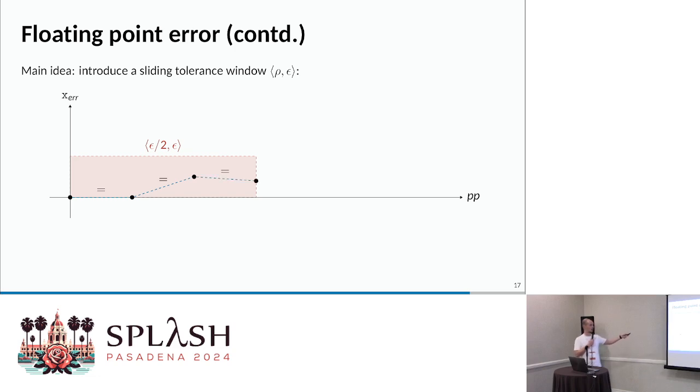You can go on, and then at some point when you find an update to the error that brings the value outside of your sliding window, you say that the error increased, and you adjust the sliding window to the new value. After that, you can start again by saying that that's stable, and whenever it goes out again from that window, you update the window, and you keep going with the analysis.